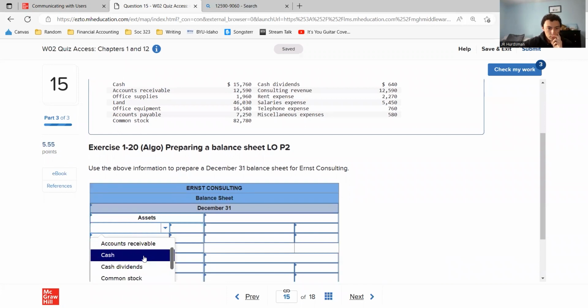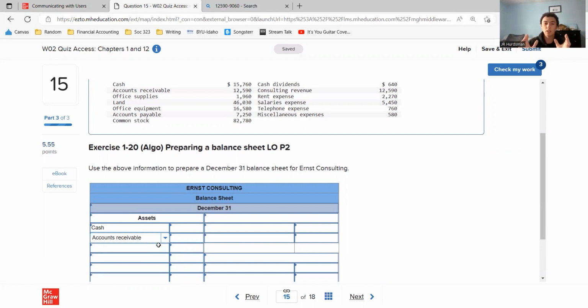So we're going to look for cash and then we'll look for account receivables. So we're putting account receivables because it's going into the company, like the company owns it. You can't do the payment one because that's technically a liability because that's something we owe someone else. And so that's why we do receivables.